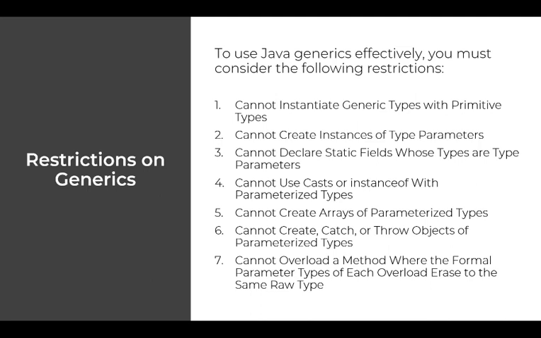You cannot catch or throw objects of a parameterized type. You cannot overload a method where the formal parameter type of each overload erases to the same raw type. So that's a bit more complex. That's something you need to learn when you look at erasure of type, something which is beyond the scope of this lecture.